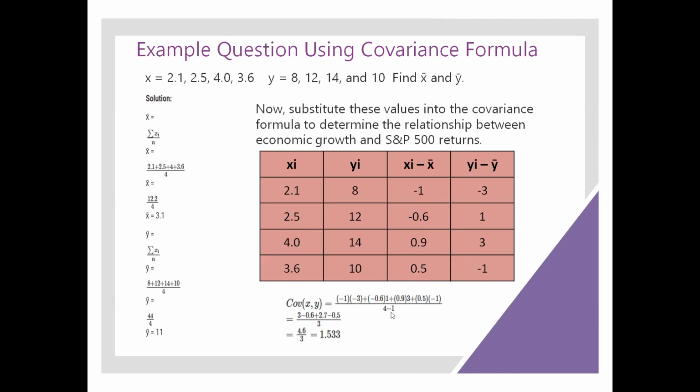And we are doing this for a sample data set, so that's why we use n minus 1. The total number of values is 4, so n minus 1 becomes 3. So my covariance value is 1.533 here. So it's clear how to find the covariance, I hope.